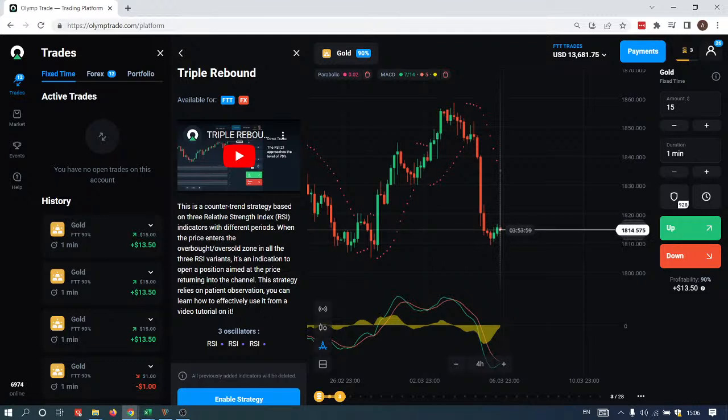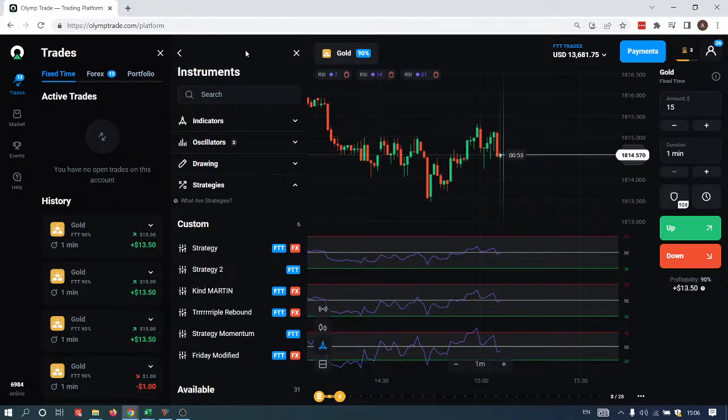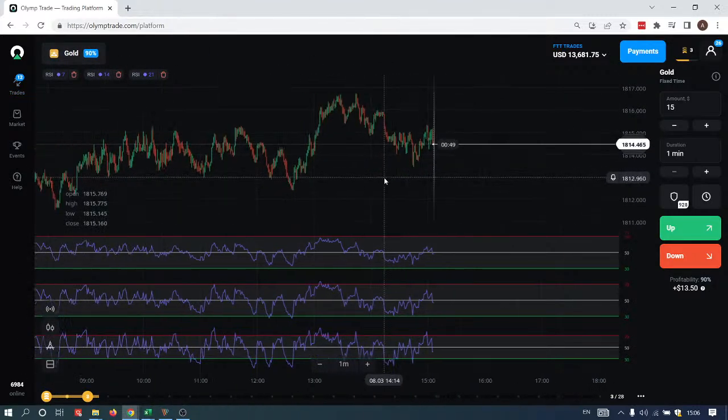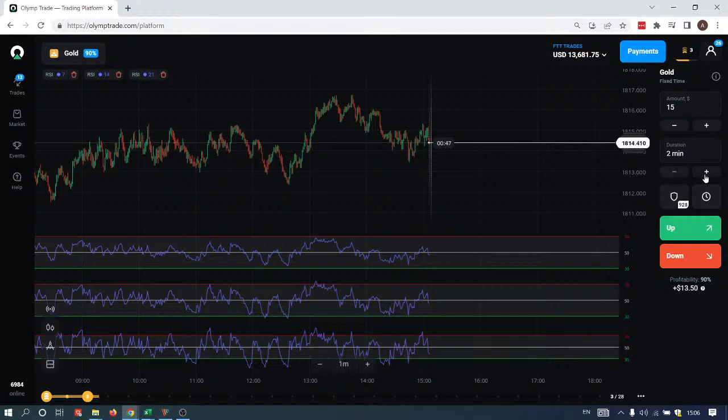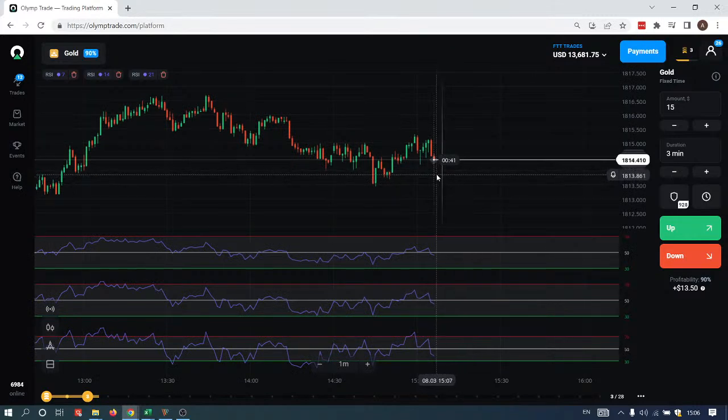This strategy relies on patient observation. The most important part is that we have 3 RSI indicators in this strategy, and we need to get a combined trading signal in order to open a trade.